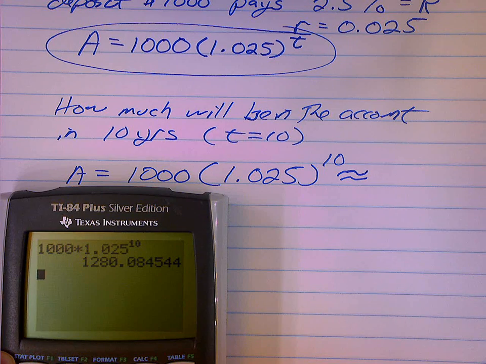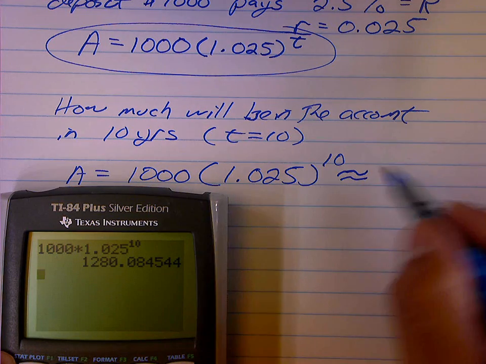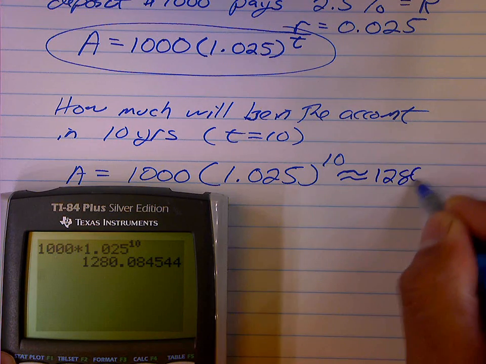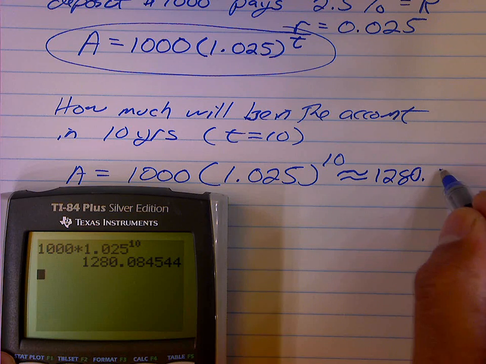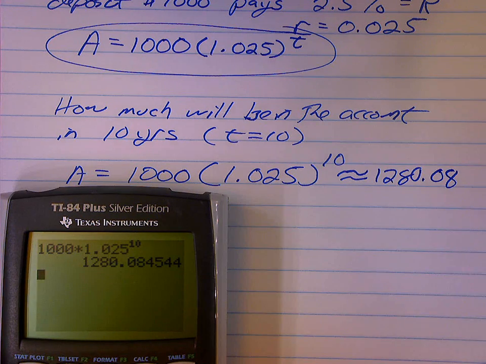I should have about 1,280.08 in my account. So in 10 years, I'll have $1,280.08. By the way, bank accounts always round down. Credit cards, loans, always round up.